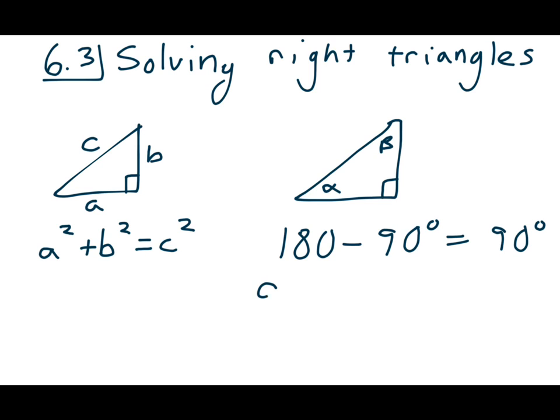So alpha plus beta is equal to 90 degrees. So we can use that fact to relate the interior angles together.